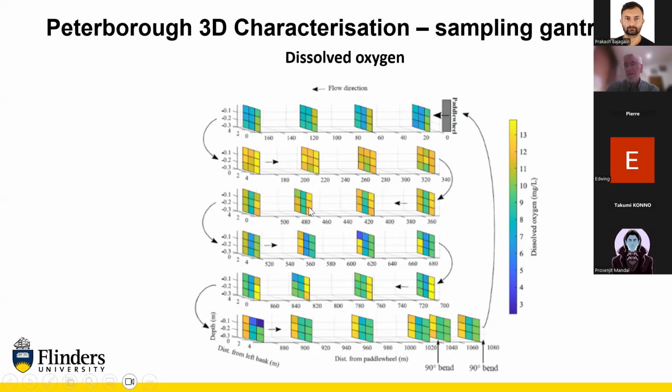And what's interesting, why I'm talking about that, is we note here what looked like an aberration. We thought, wow, this is really interesting, because down here, the water coming back to the paddle wheel after it's gone down the length of the channel is very high in dissolved oxygen. It's 10 to 13 milligrams.